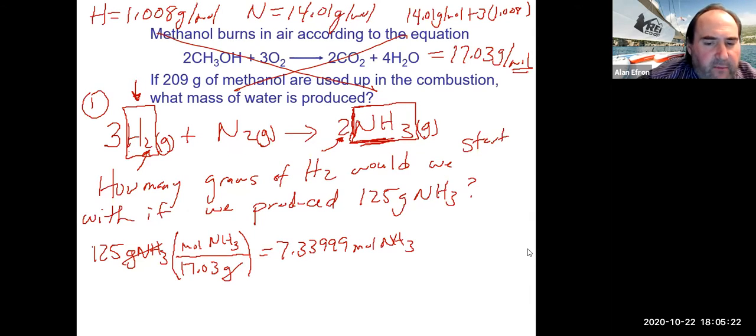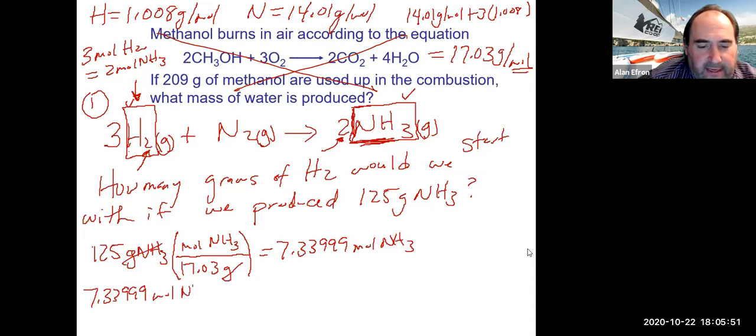Once we have that, we then want to go to the equation and find the two things we're interested in. I put some boxes on it there. From the equation itself, we can see that for every 3 moles of H2, we get out 2 moles of NH3. We're going to use that relationship as our conversion factor. So we'll go with 7.33999 moles of NH3.